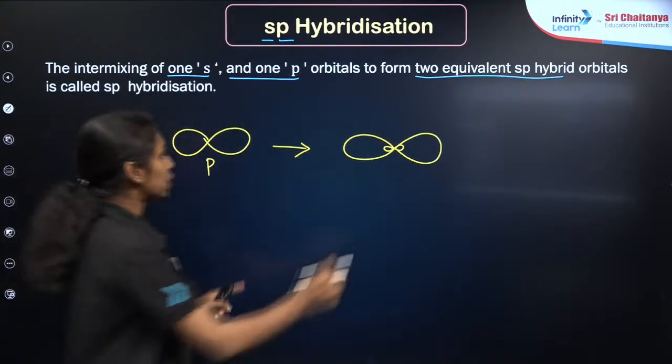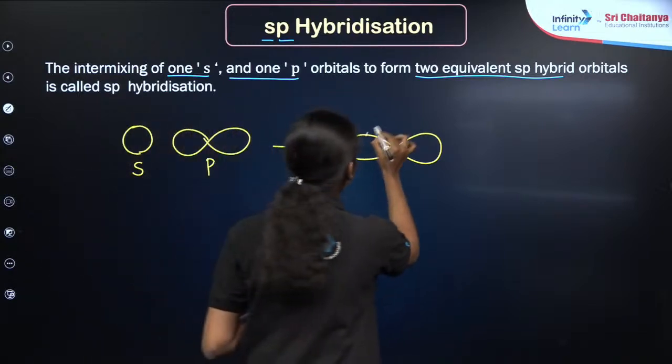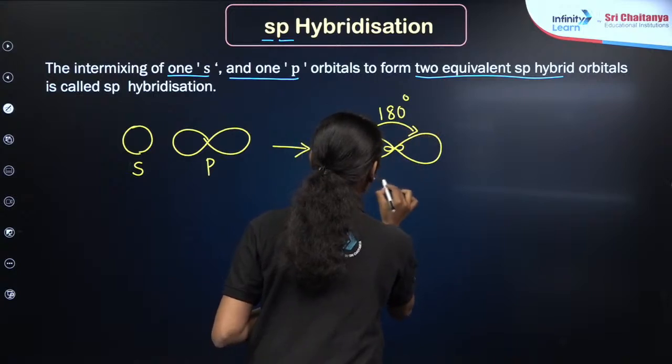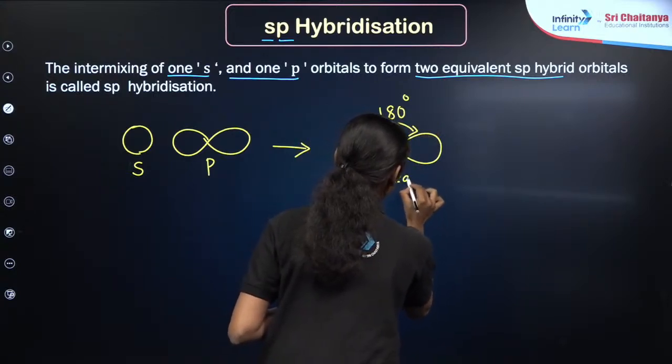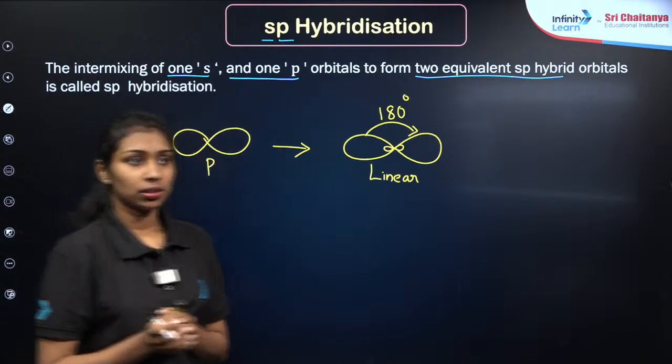These are the two sp hybrid orbitals arranged in the sp hybridization having a bond angle of 180 degrees. Then the shape will be known as the linear shape. Clear? This is the structure of the two sp hybrid orbitals. Clear?